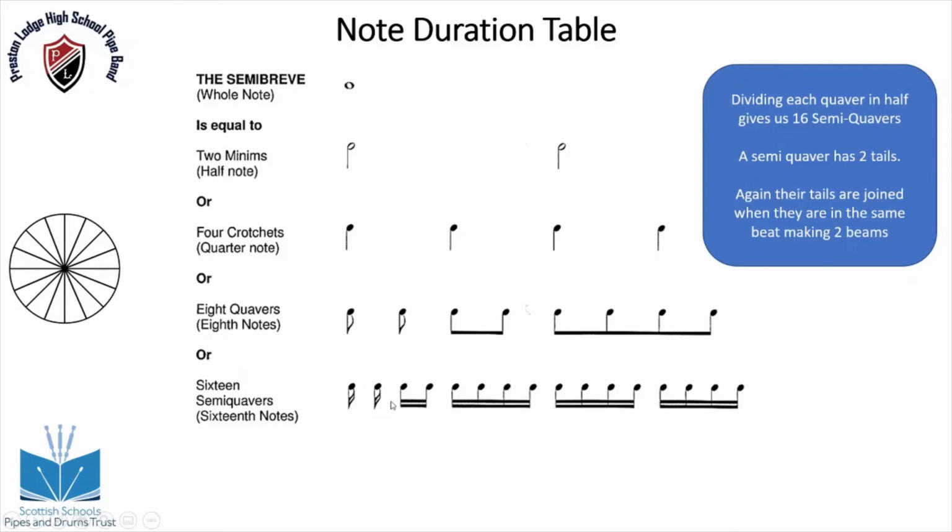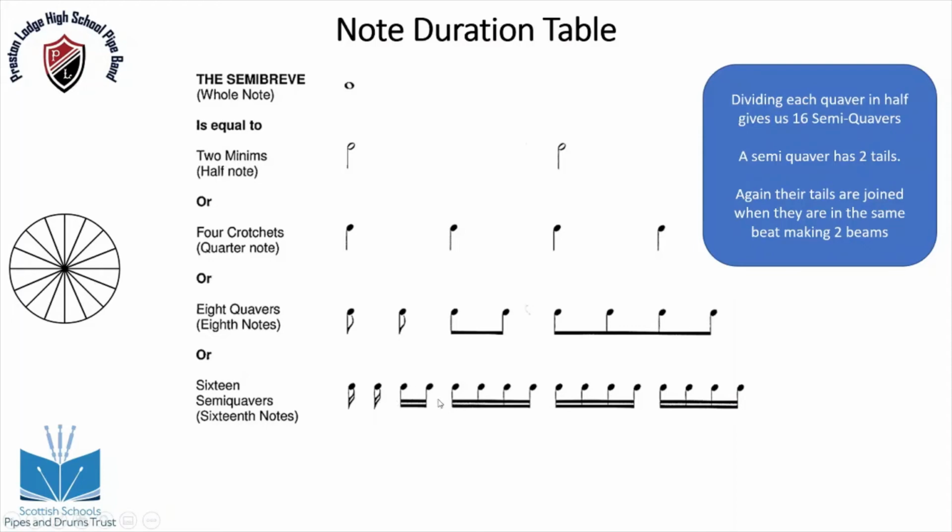Okay, and again, there's our 16th notes. Filled in note head, stem, 2 tails, and there's our 2 tails, except we've beamed them up, which you can absolutely do. And for those, which should be everybody, who have played any drum scores using music, you'll have all seen notes with 2 lines underneath them. The lines are equivalent to the tails.